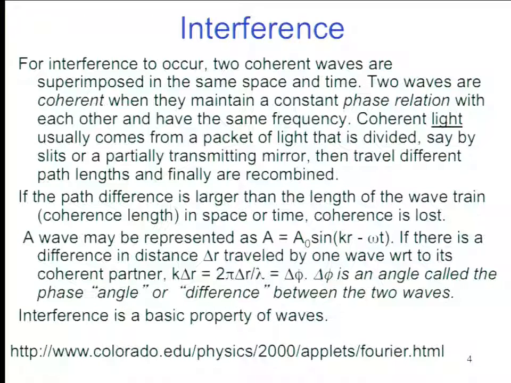It's a length. It's measured in meters or some other unit of length between the crests of the wave. And the time here, T, is the period of the wave. So it's the time, if you were standing at one place, between the time the wave bobs up, bobs down, and bobs up. There's a period of time during which it goes through one cycle at one place. So that's a time in seconds.